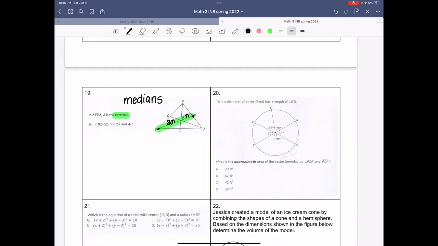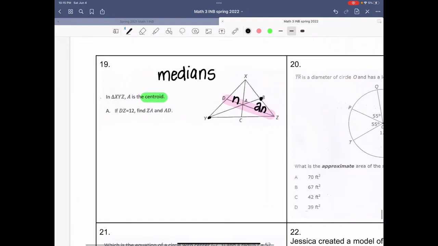So in this particular example, they want DZ. They tell us that DZ is 12. So I'm going to set up an equation. So let's say that this is n and this is 2n.